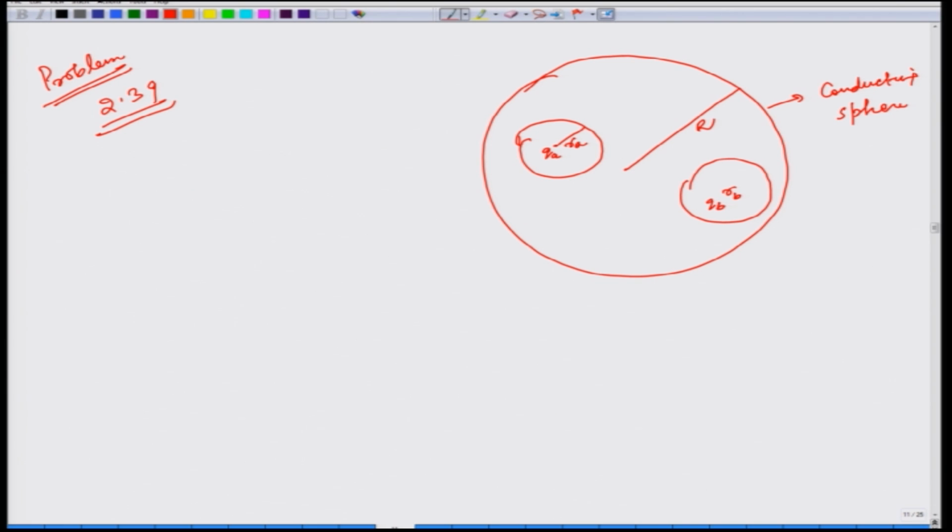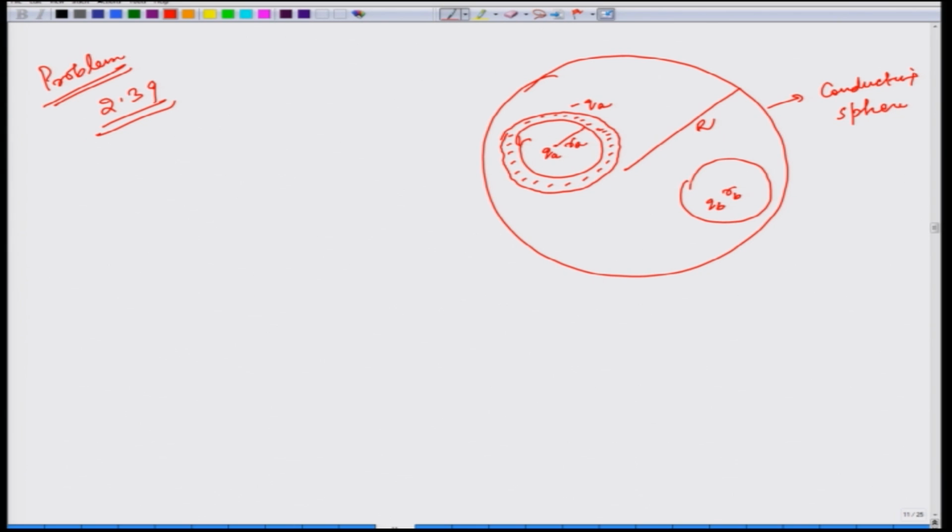So what I want to tell you here is that this is a conducting sphere. So for this QA, in a conductor we know that this QA will attract negatively charged electrons around the cavity such that they will try to oppose it. For QA, this negative charge will be minus QA.